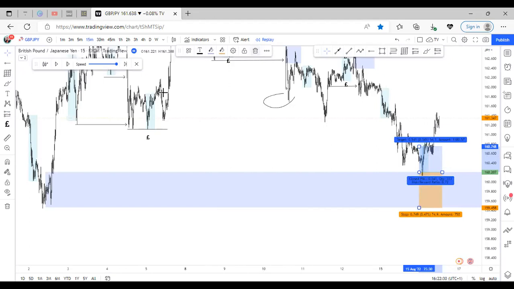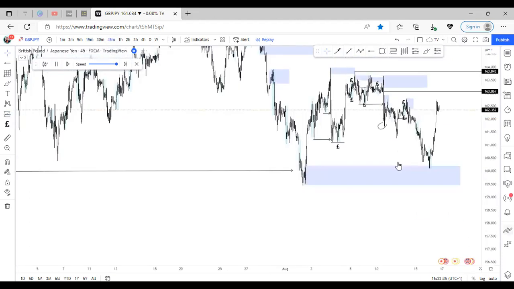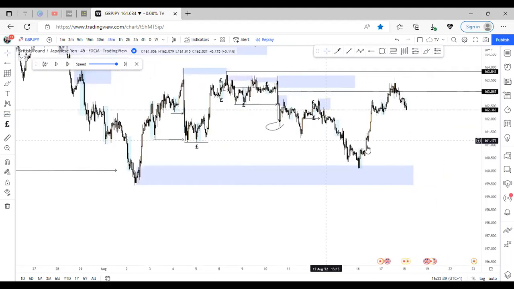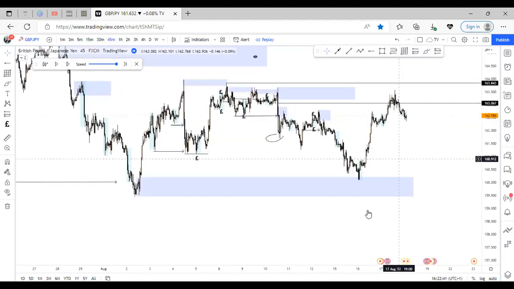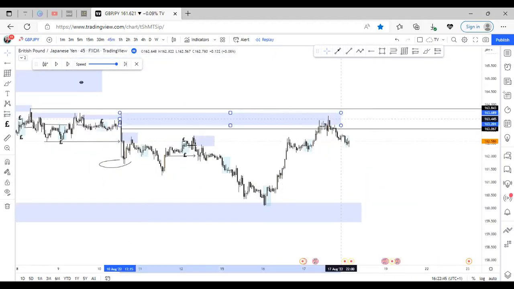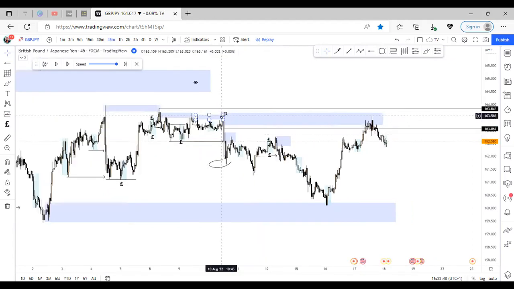So price moved, and that was how I missed out on all of this buy. Eventually price tapped into that supply zone that we have marked out since the 10th of August.